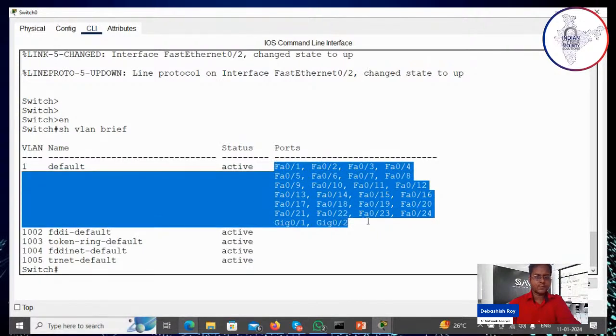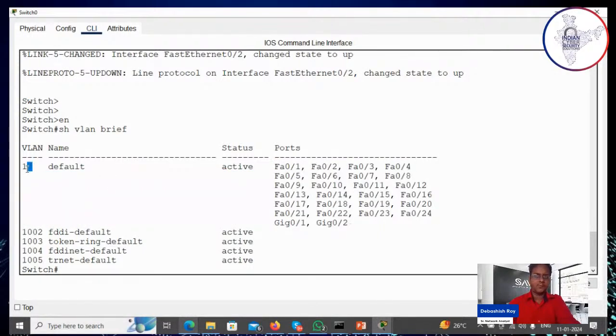All the ports by default are members of the native VLAN, and you have 1002 to 1005 FDDI and token ring. These are the default VLANs that are active, but we do not have any other VLANs created on the switch. So we need to first create VLANs on the switch.